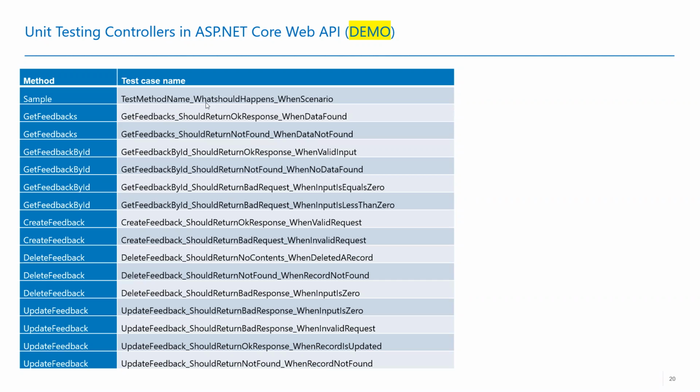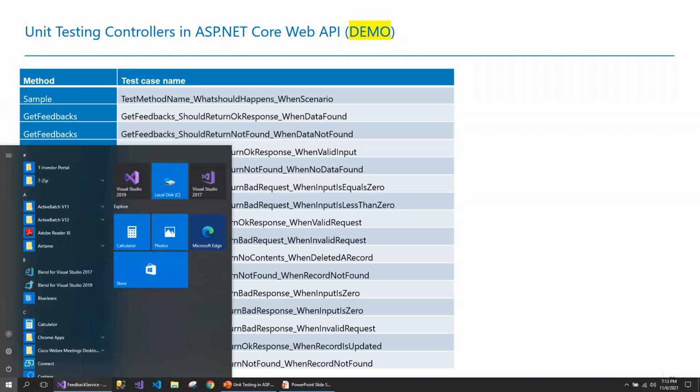So I'm following this pattern: test method name, underscore, what should happen, underscore, when scenario. It's kind of a given, when, then. Given is my method name, here when the data, and then what should happen. For example, if I go back to my API, let me open my source code.